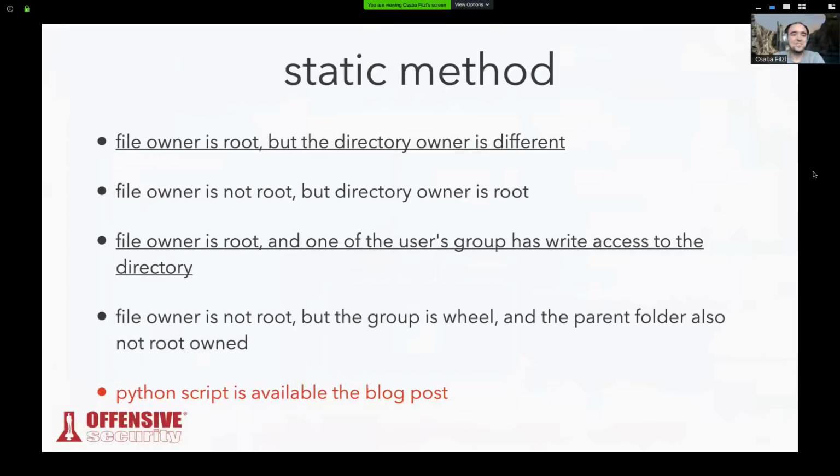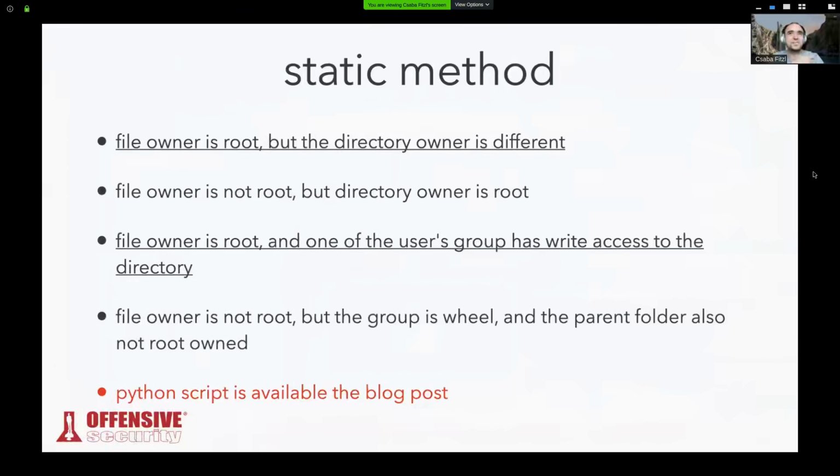The first case, which we will mostly use in the following sections, is typically when the file owner is root, but the directory owner is different, which usually means that you have some sort of write access to that directory. Now, another interesting case could be when the file owner is not root, so it's owned by a regular user, but the directory owner is root.